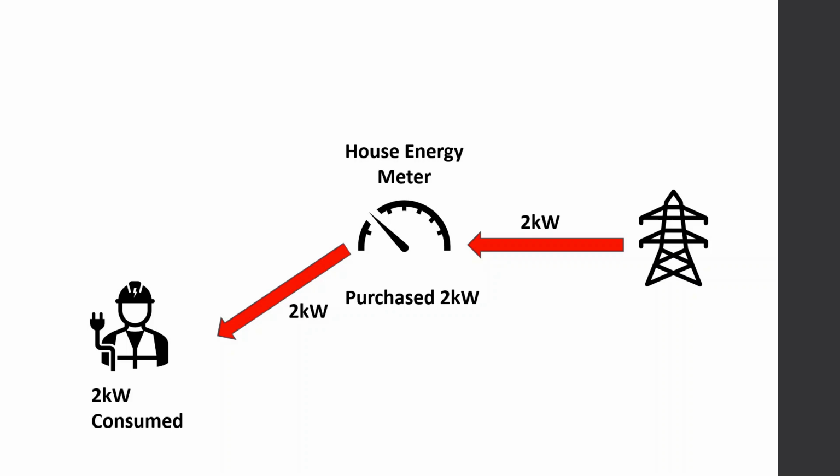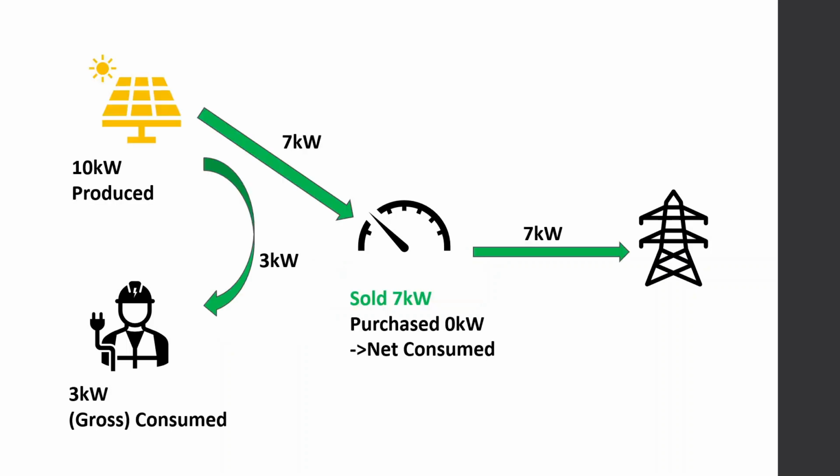Before the solar array, the situation is quite simple. I have my energy meter and it tells me how much I purchase, and that's the same as my consumption. So that's quite easy. With a solar array, this situation is a bit different.